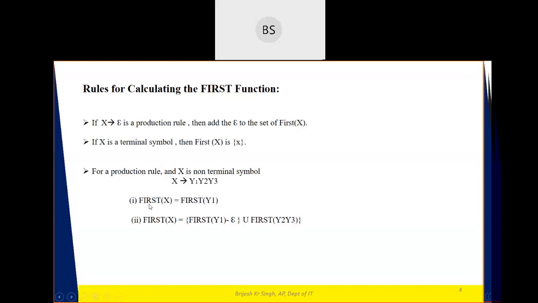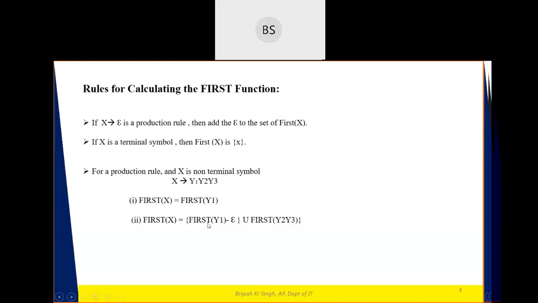There are two conditions. First, FIRST of X equals FIRST of Y1, if and only if FIRST of Y1 does not contain epsilon. If FIRST of Y1 does not contain epsilon, then you can directly take FIRST of X equal to FIRST of Y1.